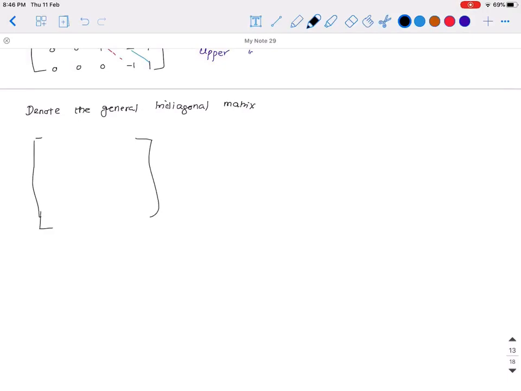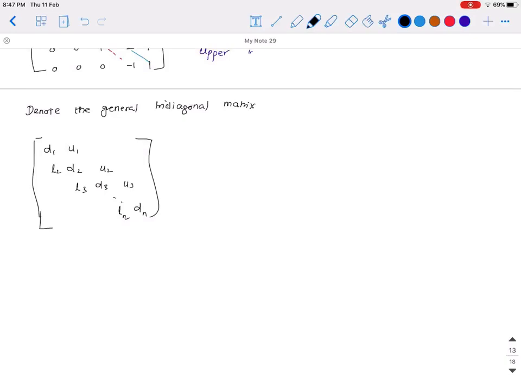Let us name the entries appearing in the main diagonal as D, the upper diagonal as U, and the lower diagonal as L: L2, L3, up to Ln.